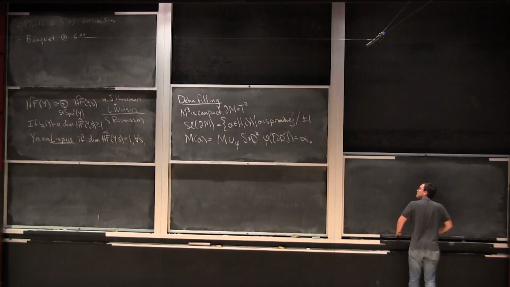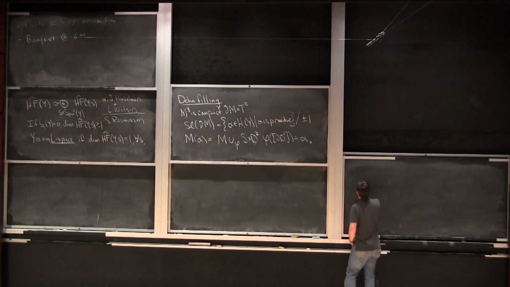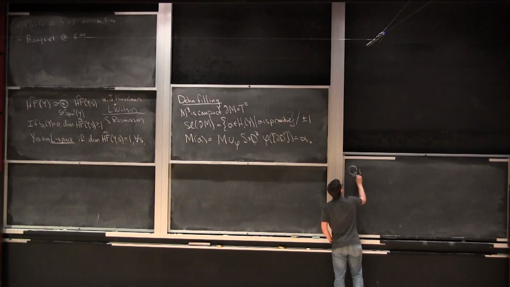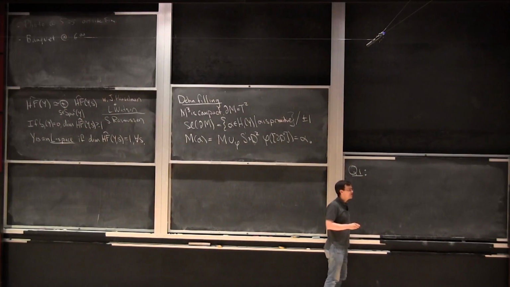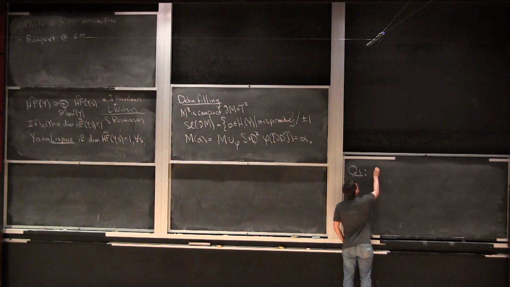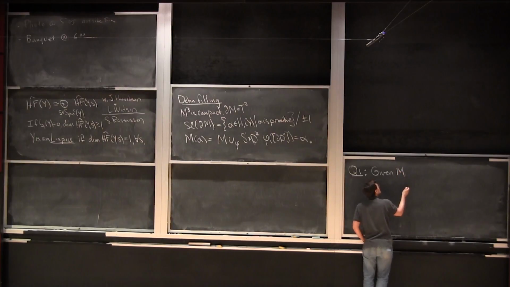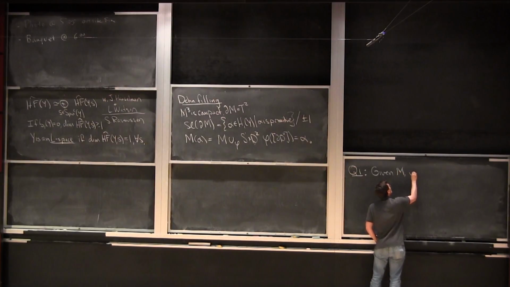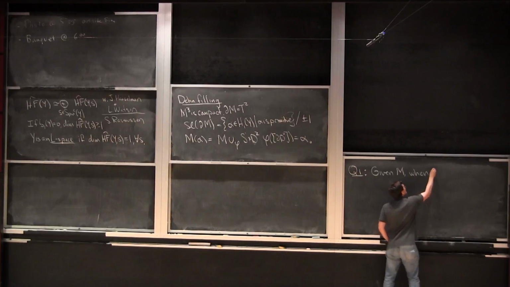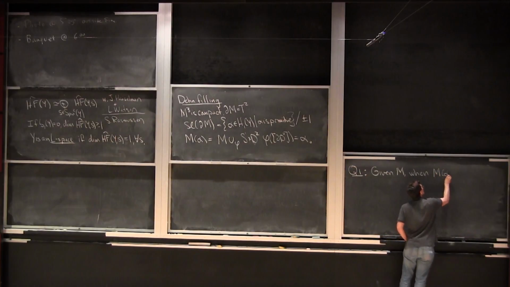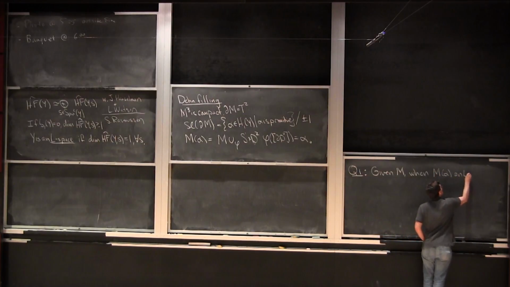And so now, the questions that I really want to talk about in the talk, the first question is this. Given M, when is the Dehn filling M of alpha an L space?